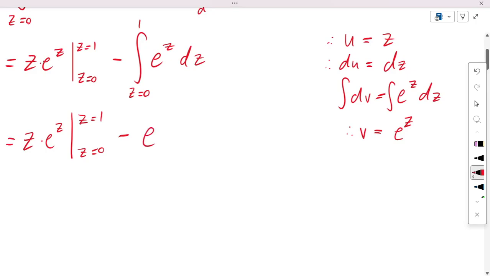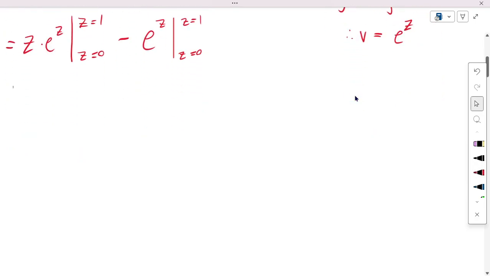So we're going to have e to the z evaluated at z equals 0 and then z equals 1. And because both of them are evaluated from the same limits, we can just combine them together. But do we want to do that? You don't have to do it. But I wouldn't do it though, because then you're putting more terms in. I want to do them separately, so it's easier, right?